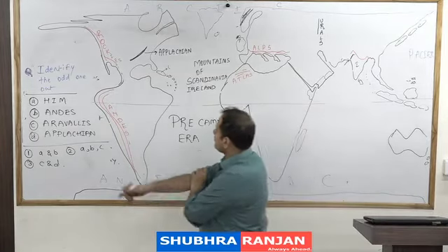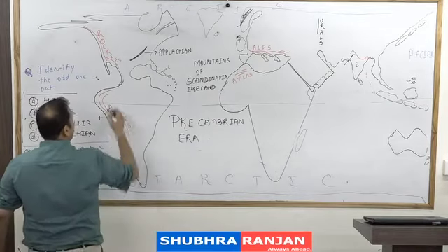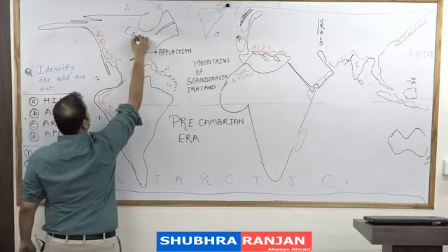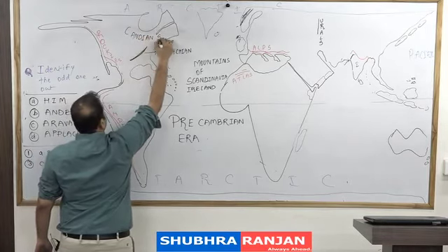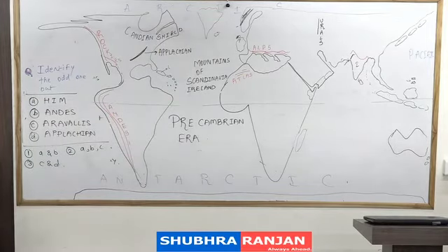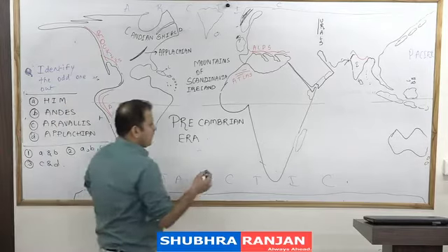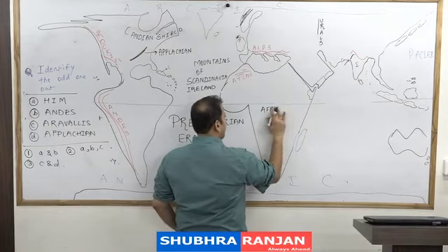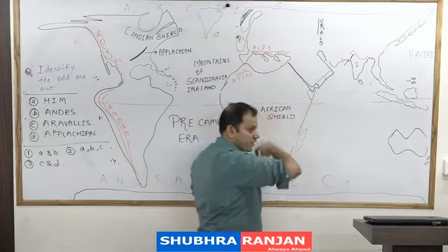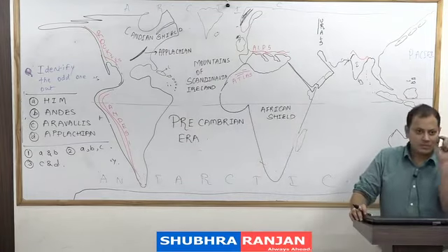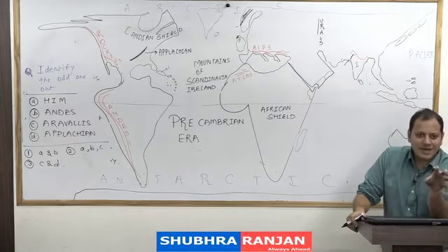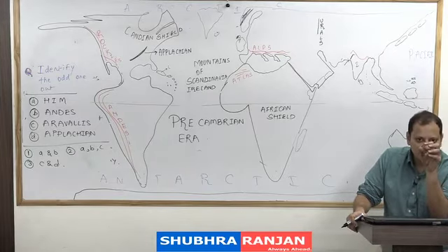Peninsular Plateau, comma, Canadian Shield, comma, African Shield. This central part of Africa is known as the African Shield, comma, Brazil. These are the oldest plateaus in the world.